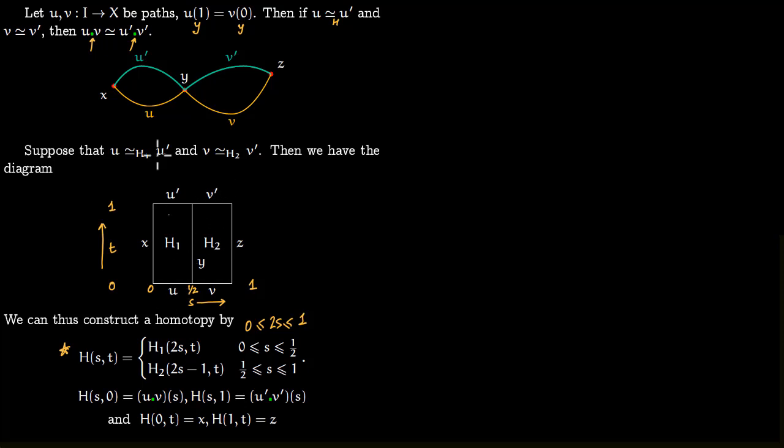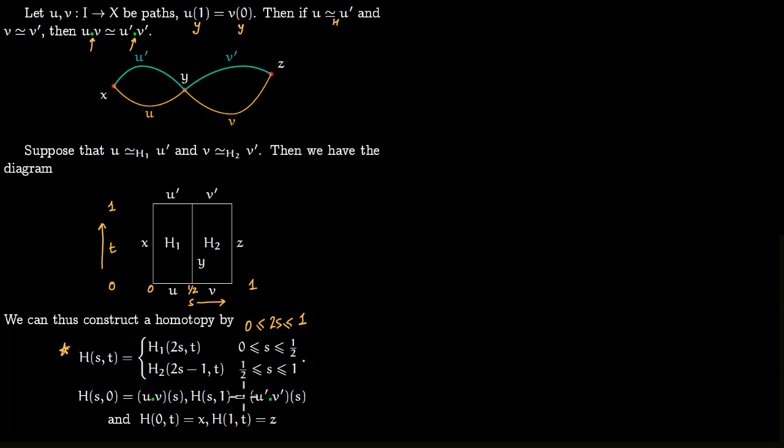So first travel u, then travel v, is homotopic to first travel u prime and then travel v prime. You can see this from here. If you put t as 0, then you are here. Then you first travel u and then travel v, and you travel in terms of s. You can see that there is only s traveling here. Then if t is 1, then you are here, and you are traveling u prime and then v prime.